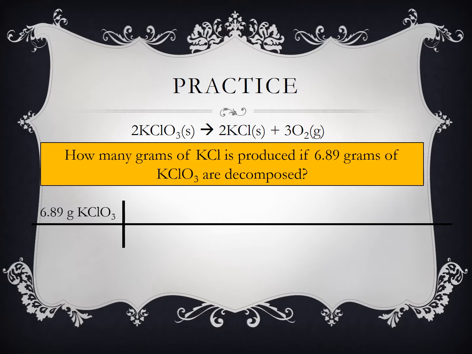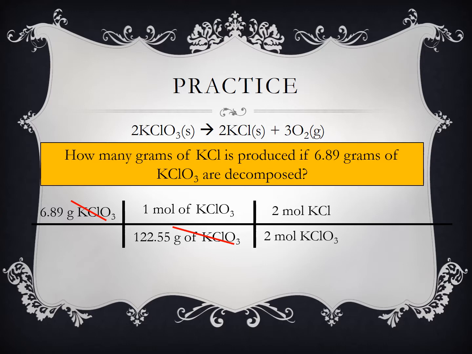Alright, we're going to start with 6.89 grams KClO3. The molar mass of KClO3 is 122.55 from the periodic table, and that's 1 mole of KClO3. So we're going grams to moles. Then we need to get 2 moles of KCl. So it's a 2-to-2 ratio, or 1-to-1 ratio, from the balanced equation.